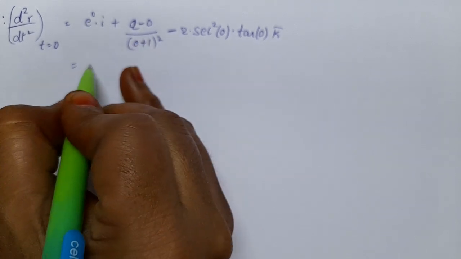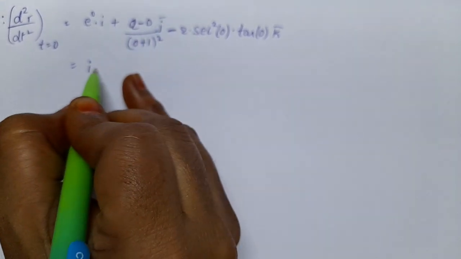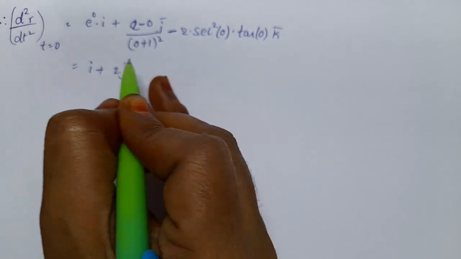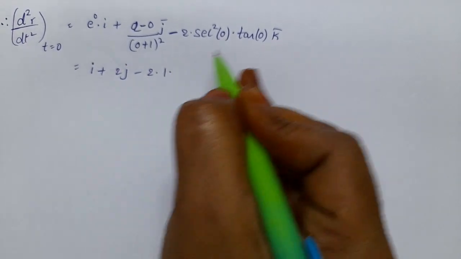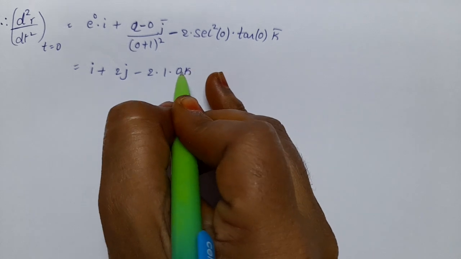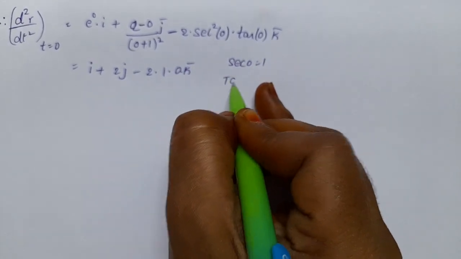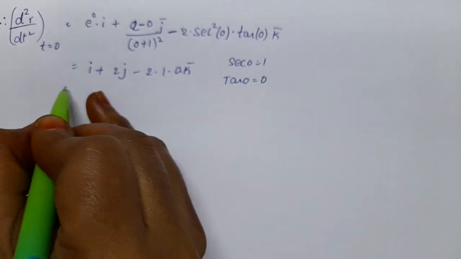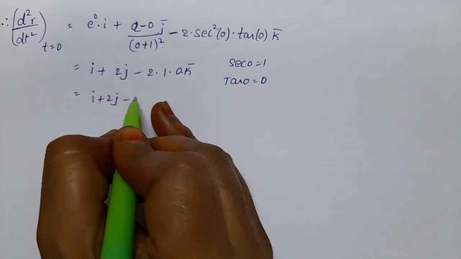This is equal to something power 0, 1, i, plus 2j minus 2, secant 0 is 1, tan 0 is 0. This is equal to i plus 2j, 0 into something 0.